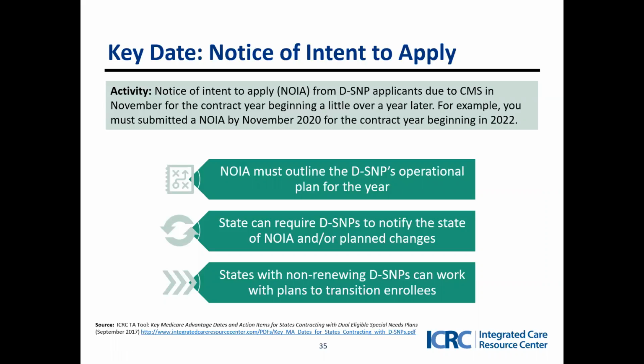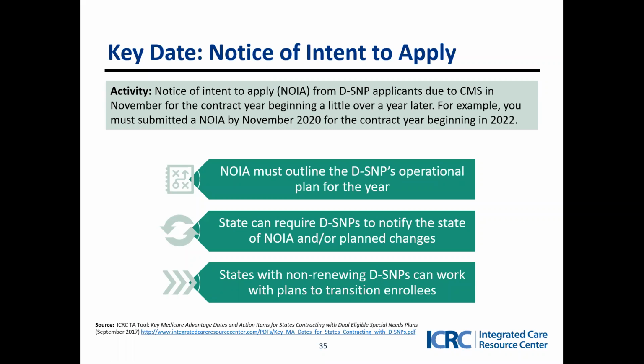Or for 2023, a new D-SNP applicant must submit their NOIA by November 2021. The NOIA must outline the D-SNP's operational plan for the contract year. States can add language to their contracts with D-SNPs, requiring that plans submit a copy of the NOIA to the state and notify them of planned service area additions, expansions, and reductions prior to the applicant notifying CMS.